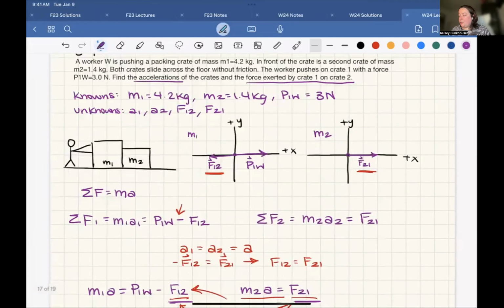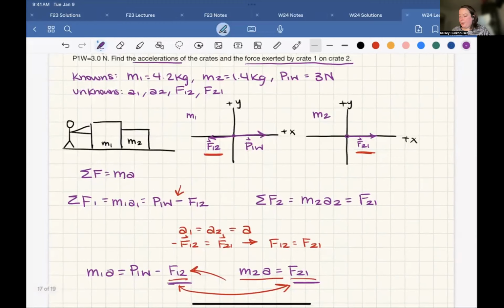And then we took our equations from our free body diagrams, and I'm just going to touch on this again because this is something I really want you guys to get out of doing these examples, is how to go from a free body diagram to these sum of force equations. So it's literally just reading what you did off of the free body diagram. So, okay, we have our pushing force, that's in the positive x direction.